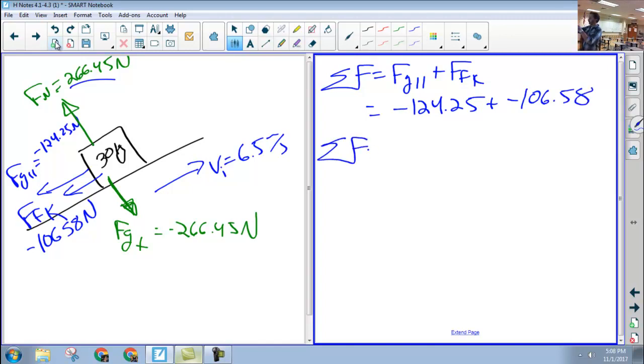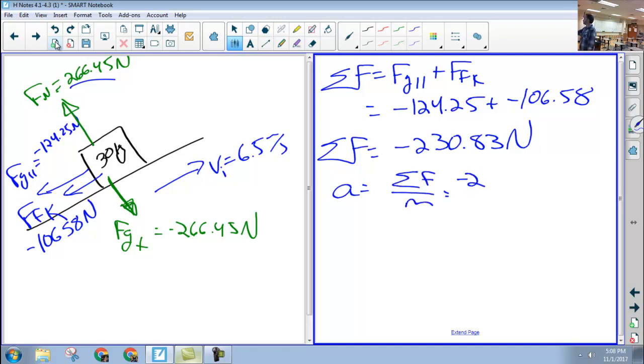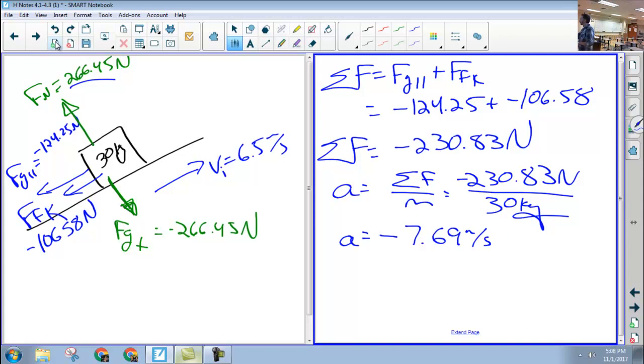So my net force here is going to end up being negative 230.83 newtons. So I can find my acceleration, divided by the mass, which was 30 kilograms. And I get an acceleration of negative 7.69 meters per second squared.